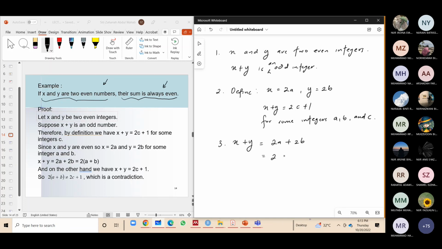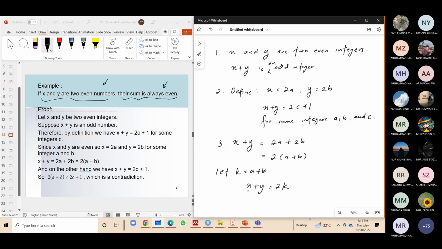We can factorize this, and let k equal a plus b. So x plus y equals 2k. 2k is an even integer, because whatever value you insert into k, you will get an even number. So 2k is not an odd integer.